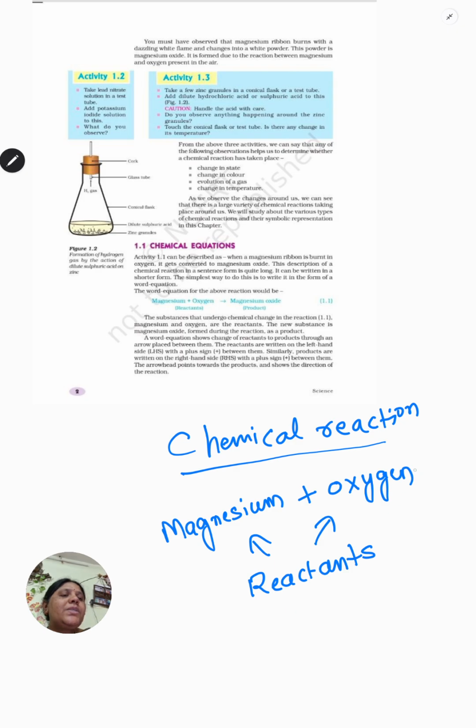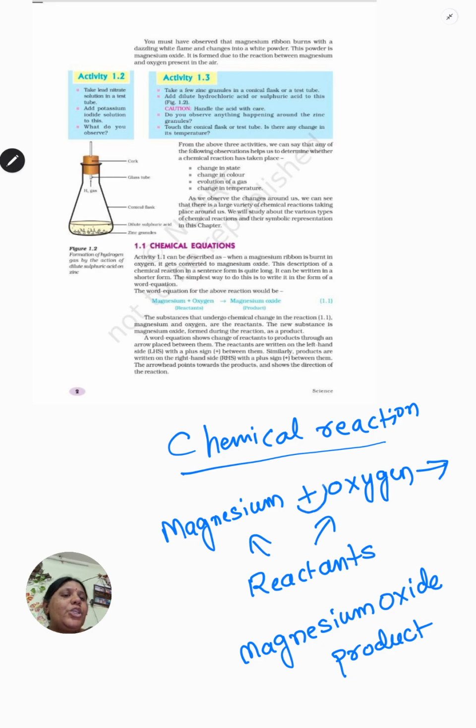Both react and get converted to magnesium oxide. So this is the product. We have two reactants, and they are added, which is shown with the plus symbol, okay?